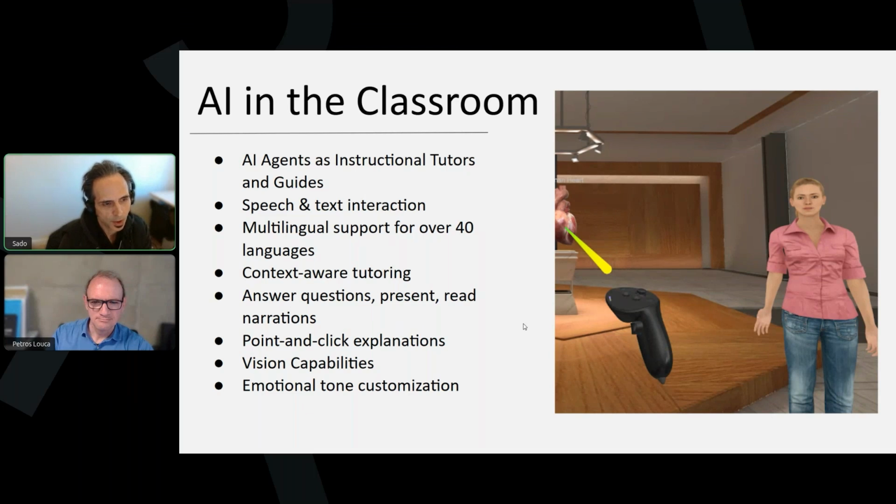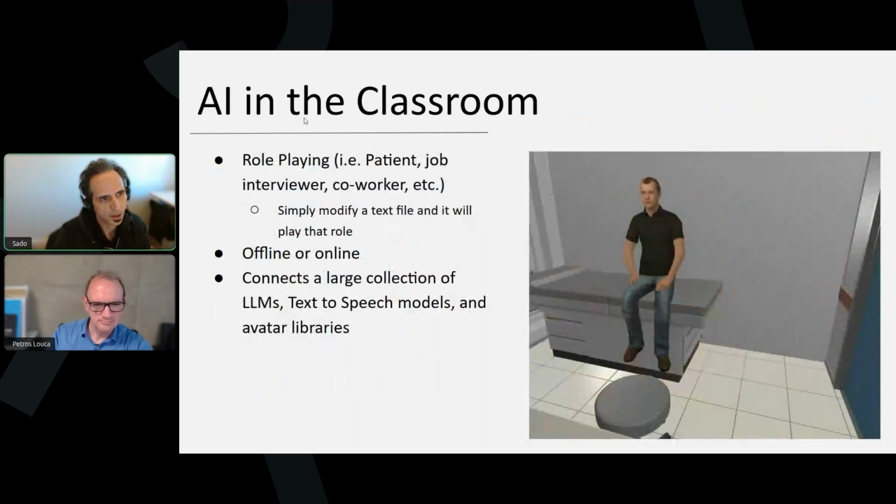It can give point and click explanations. When you click on an object, for instance, it can give you information about that object, because it also has built-in vision capabilities. It even has the ability to control its own reactions, like facial expressions, based off of how it's interpreting the situation. And again, these can also be used for role playing too.